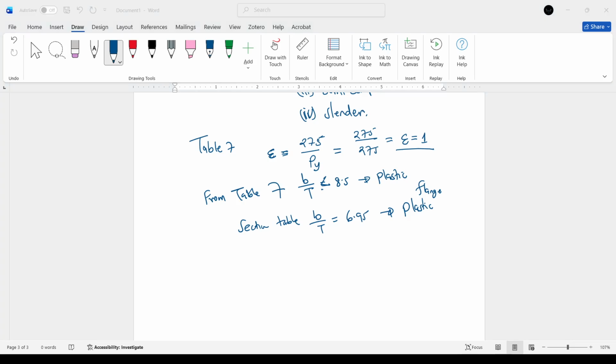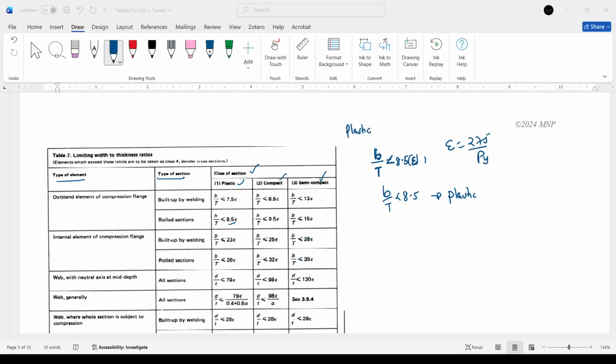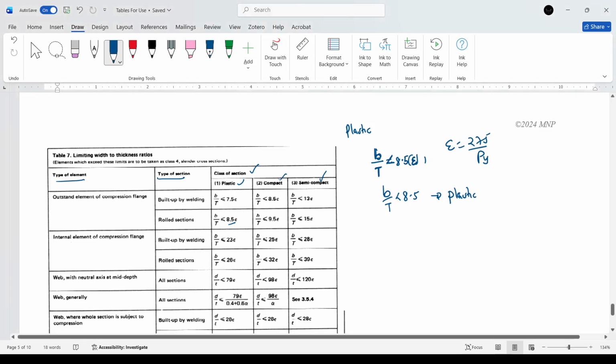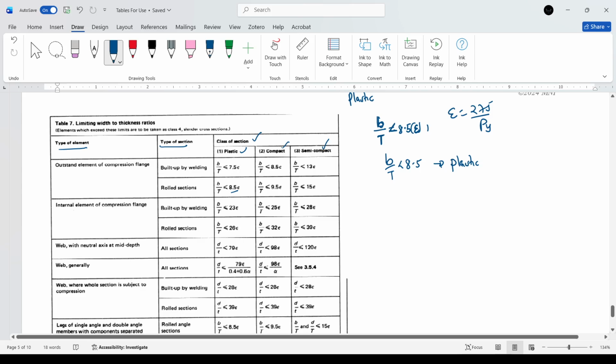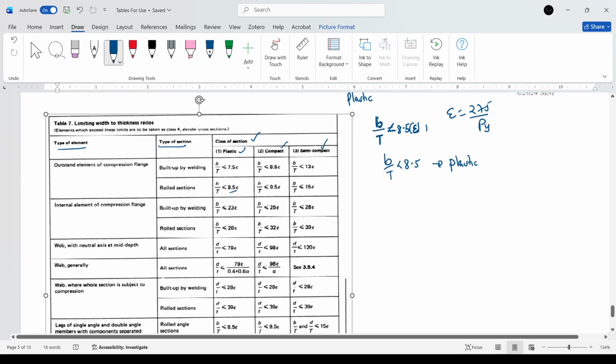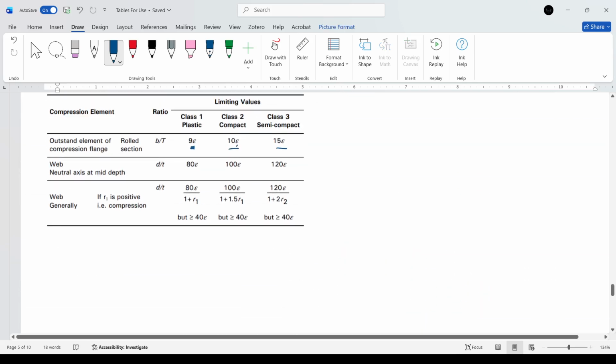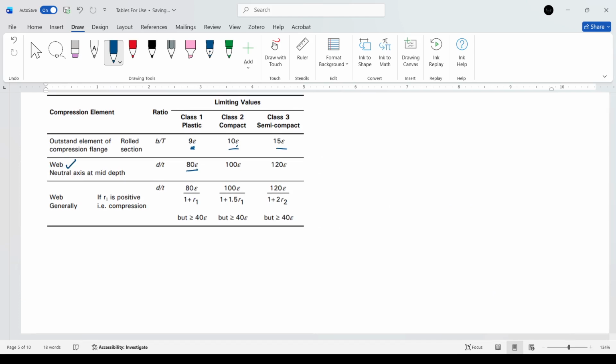What is the other? Still from the same table, we need to classify it, and we are not only talking about the flange, we also want to check the web. If the flange is plastic, what about the web? Let's see what this table is saying. The web, it's saying 80.